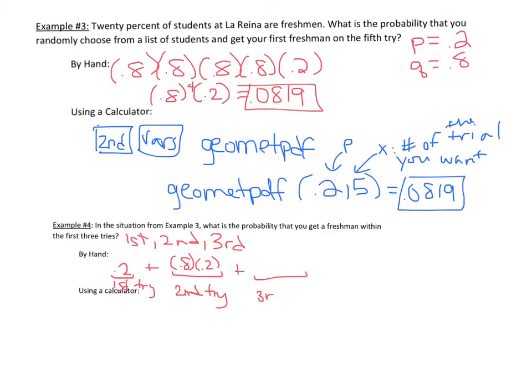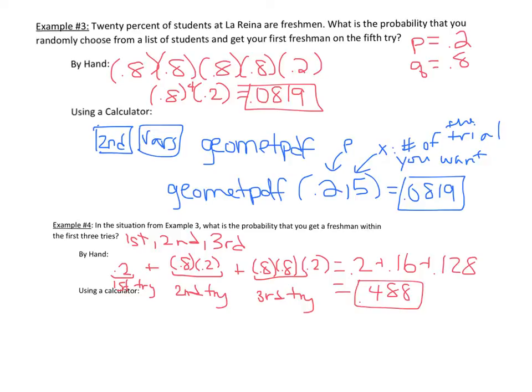The third try would be: first try no freshman, second try no freshman, third try you get a freshman. From there, you would multiply this entire thing out and add it together. You can use your calculator to multiply that out. When you work this out, you end up getting 0.2 plus 0.16 plus 0.128, which gives you 0.488.